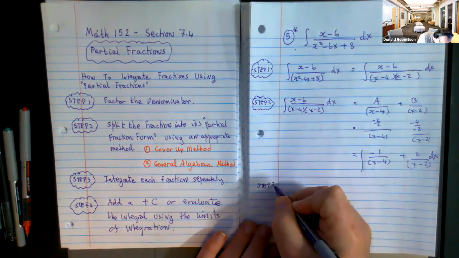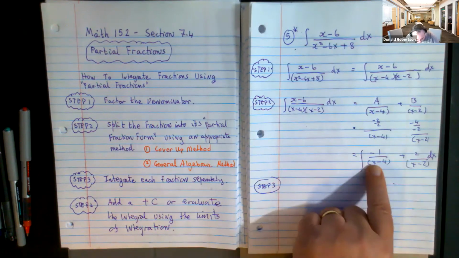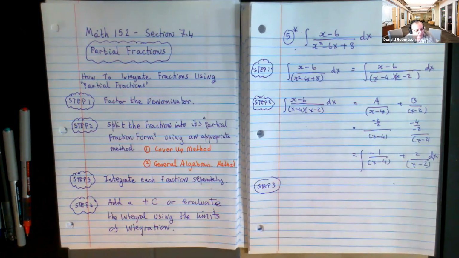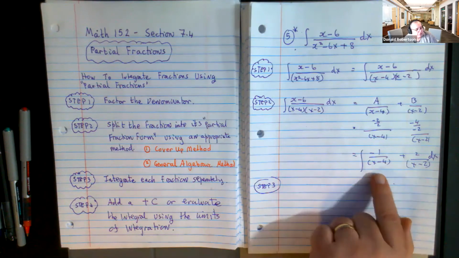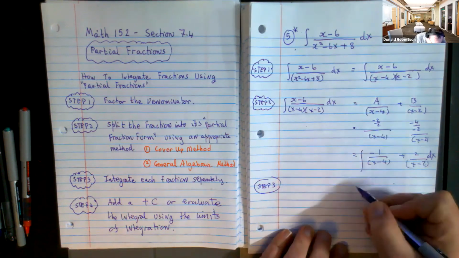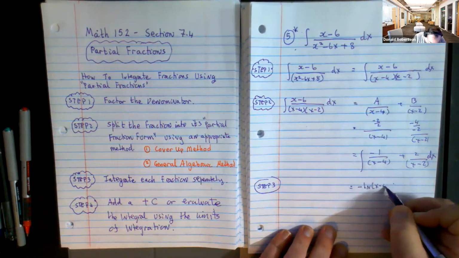Step 3. Integrate each one separately. Now, in this case and in this case, if you remember my little list yesterday, aren't these just logs, both of them? This one is -1 times the natural log of x take away 4.